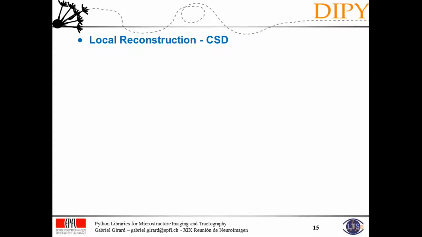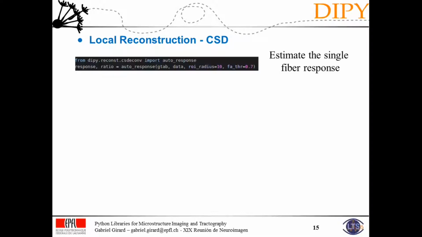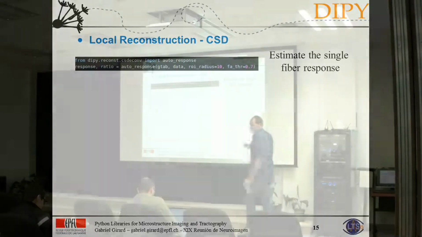So now, if you want to move on to CSD, you will do something that is very similar to the tensor estimation. The first thing you need to do for CSD is to get a response function. If you remember, with CSD, we model the diffusion signal as a convolution between some response and the true fiber orientation distribution. So you need to have this response, and one way to do it is to get it from the data.